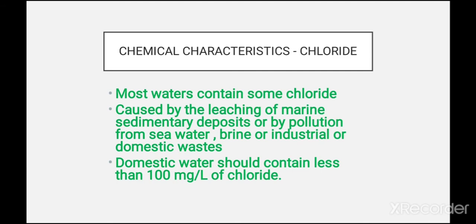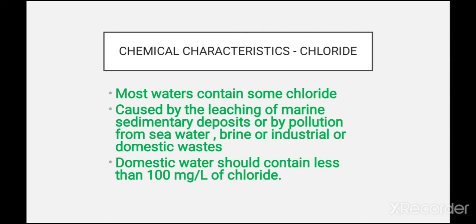Now we are moving on to the chemical characteristics of water. Characteristics such as acidity, alkalinity, hardness, and corrosiveness are termed the chemical characteristics. They are formed due to the chemical impurities present in water, which may be due to human activities, or they can be naturally present.